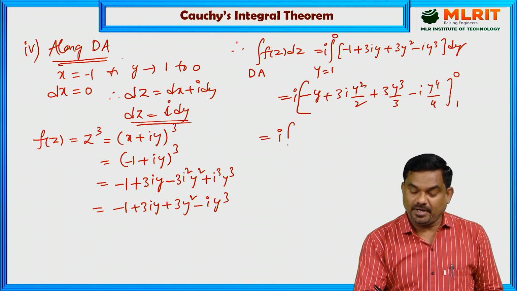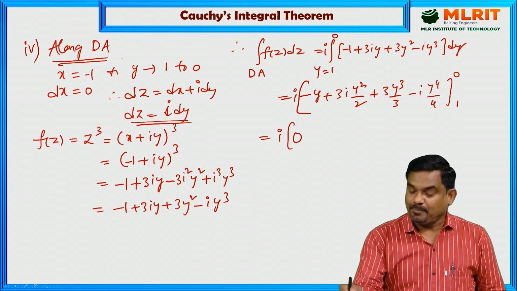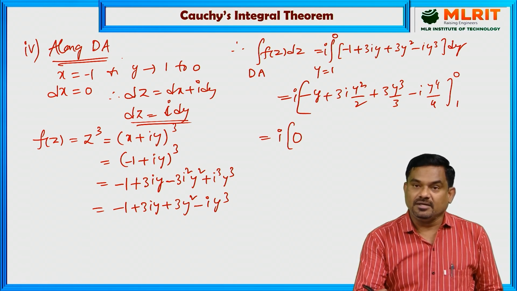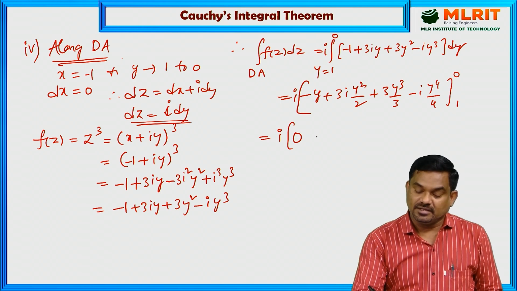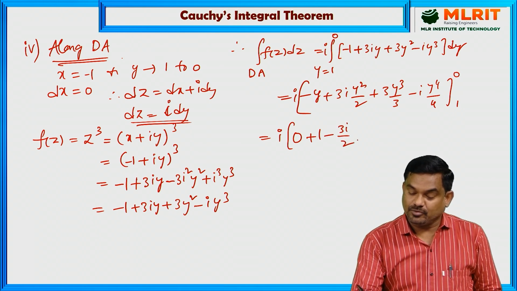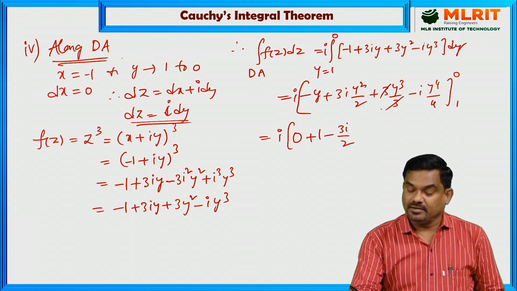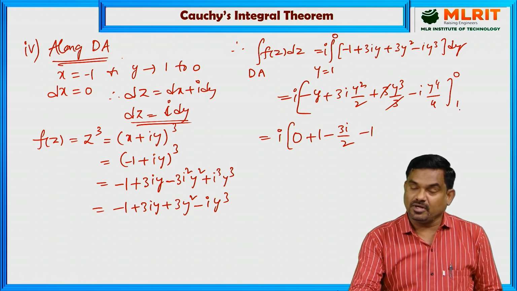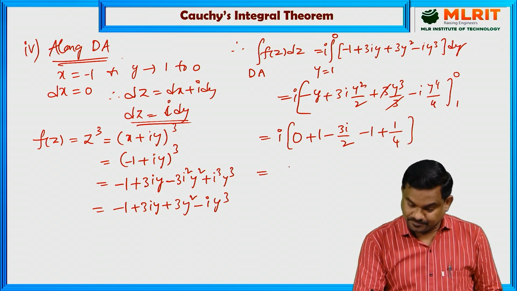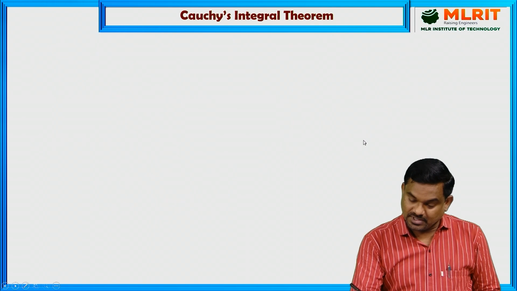So here the upper limit is 0. Now while applying the lower limit, already we have minus 1 minus sign here. For lower limit we get one more minus sign. So this becomes plus 1. Then minus 3i by 2, and again here minus 1, and here minus, for lower limit again we get minus, plus 1 by 4. These two get cancelled.